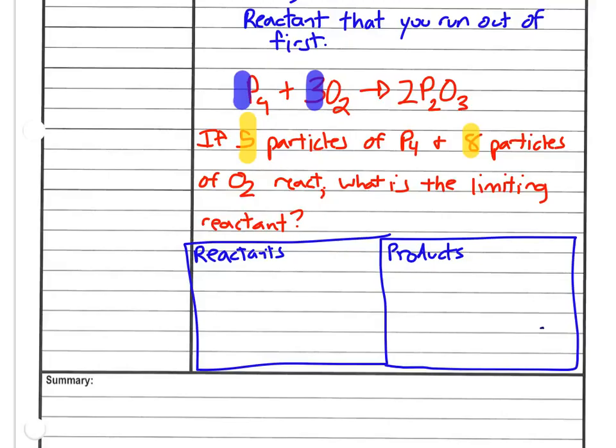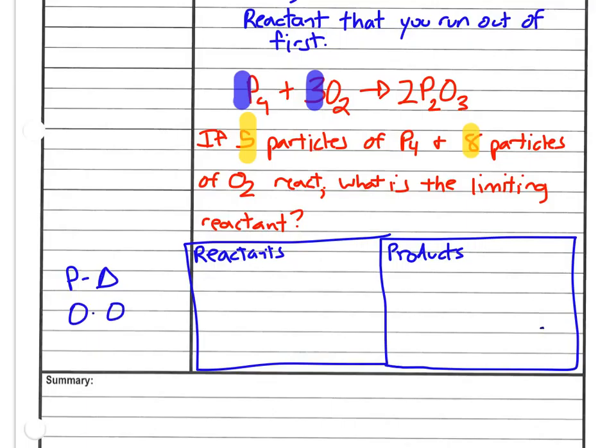Just like we were drawing particle diagrams in our last unit to show that mass was conserved, now we're going to show what happens if we have more of one or more of the other. So we're going to use the same idea. I'm going to make a key over here, and maybe I'll make my P's triangles and my O's circles. I think that'll help me keep them separate.